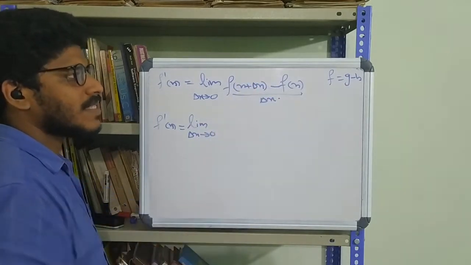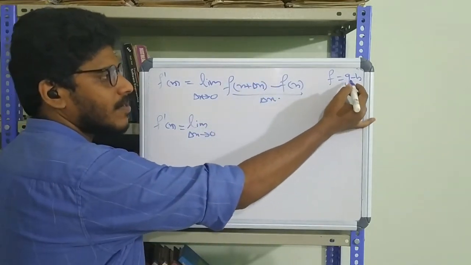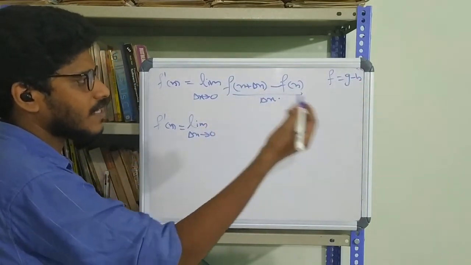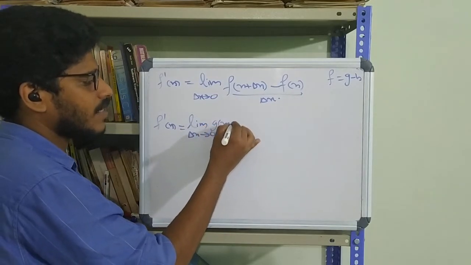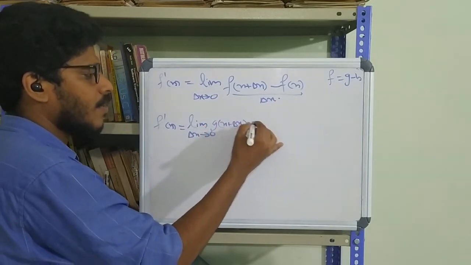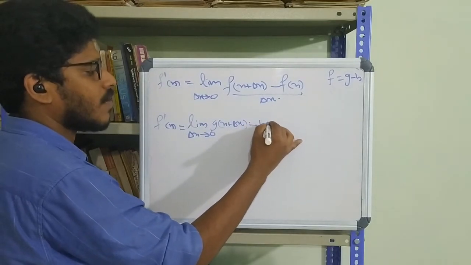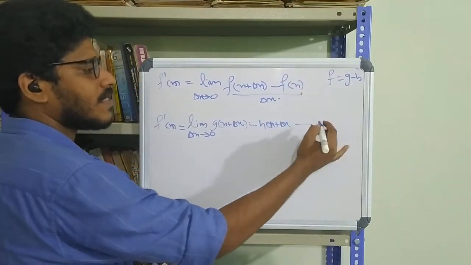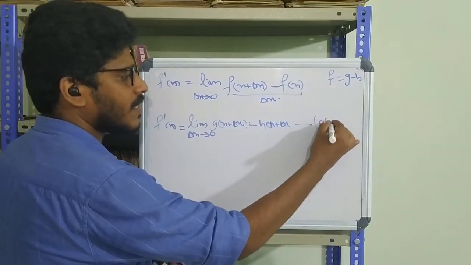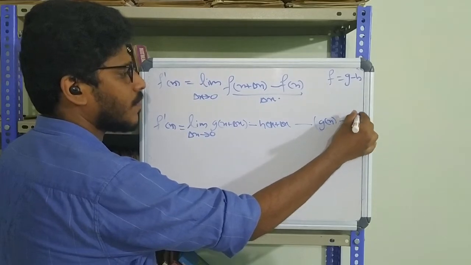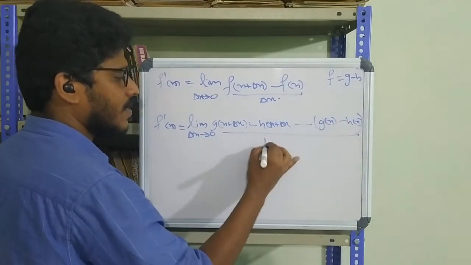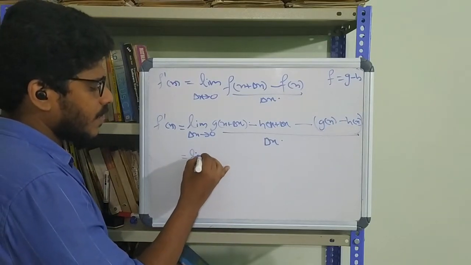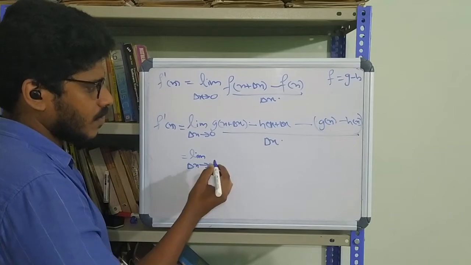Instead of f of x plus delta x, since f of x equal to g of x minus h of x, we can write g of x plus delta x minus h of x plus delta x minus, instead of f of x, we are supposed to write g of x minus h of x, all divided by delta x. Right. So this is equal to limit delta x goes to 0.